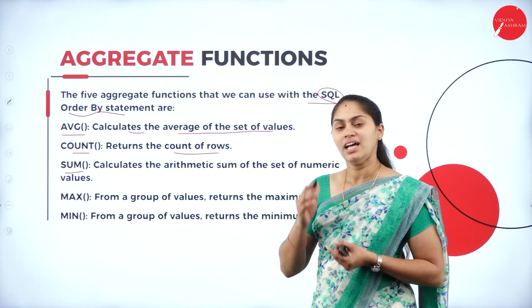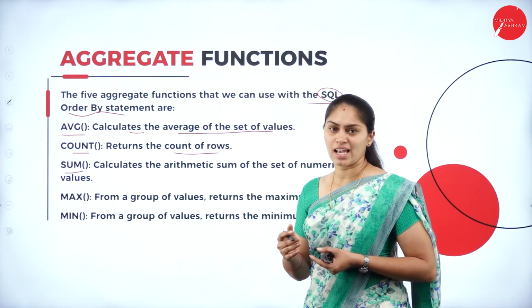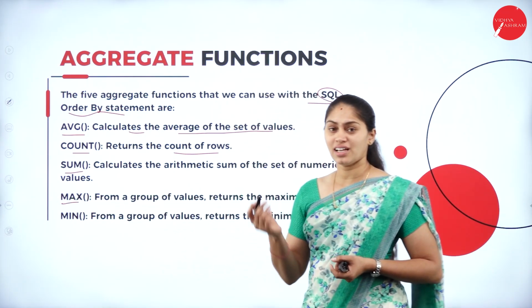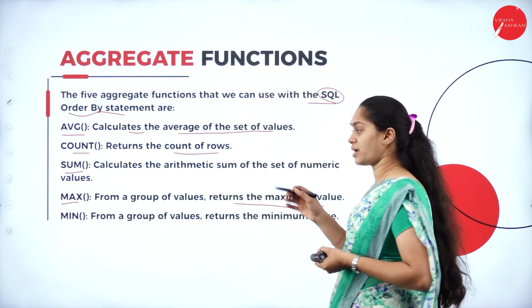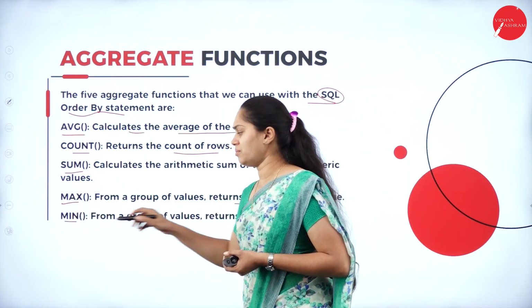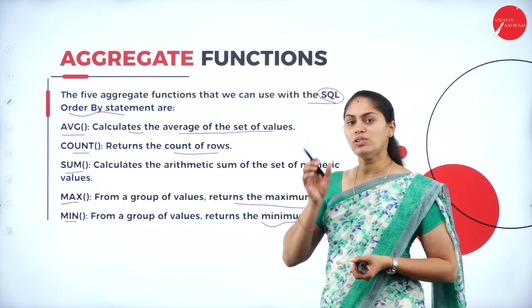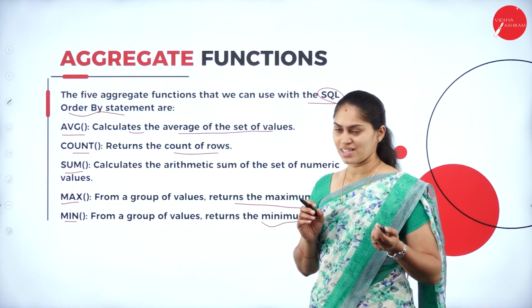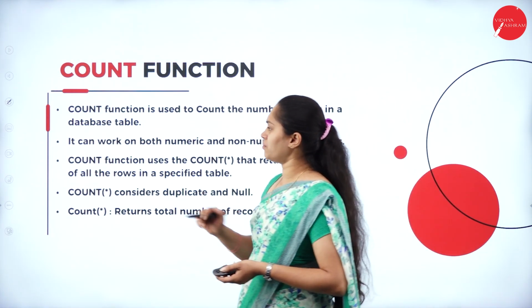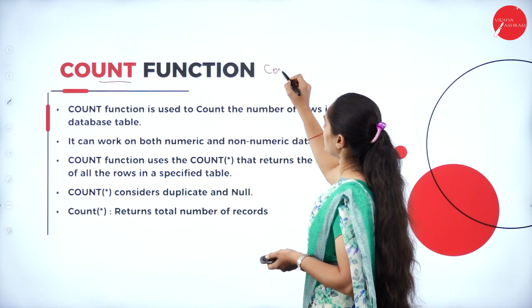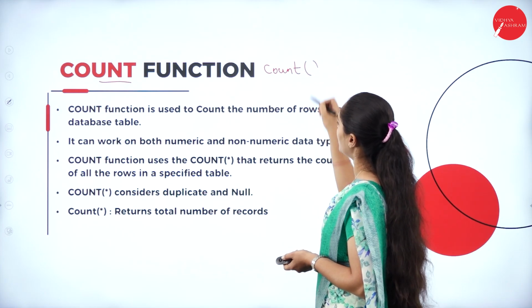As the name indicates, it will add up all the values of a particular column. Then max will return the maximum value from that particular column. Then minimum is just the reverse of it. It gives the minimum value of that particular column. We'll see each of the functions one by one. First we have the count function here. Instead of this, you can also write like this, count function.